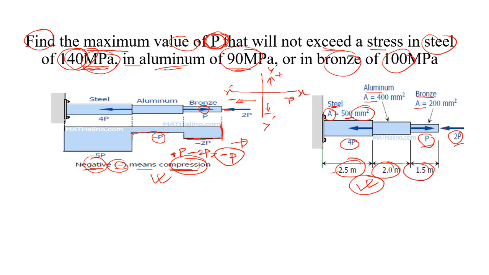And again from here it is minus P, but 4P is on the left side, so it will be minus 4P. That means minus 5P.